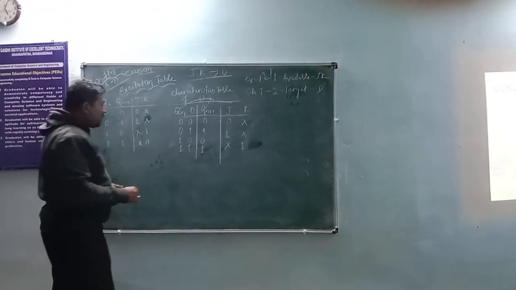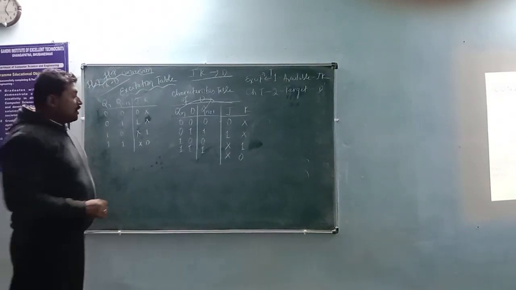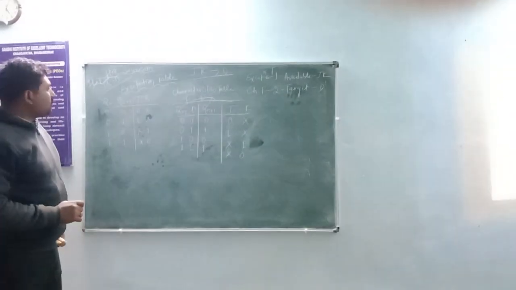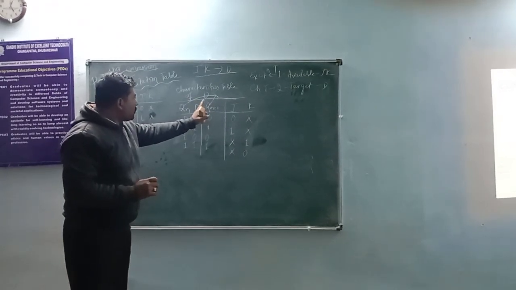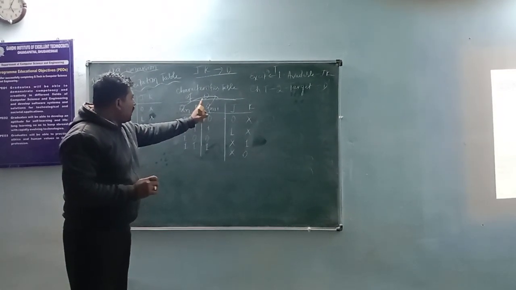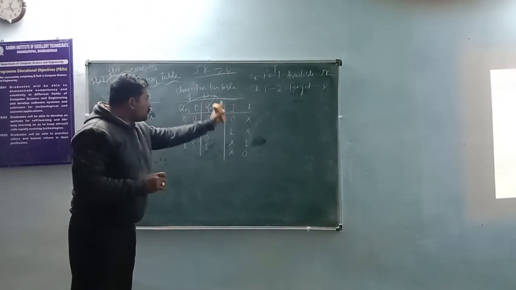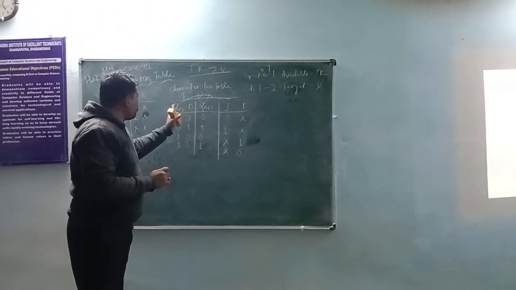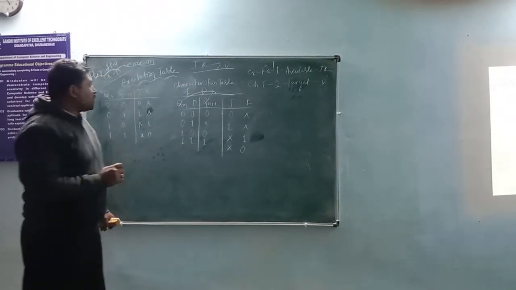So J has the value of don't care and K will take the value of 0. So up to this we can understand that a characteristic table for the targeted flip-flop has been written from the equation, and from that we are trying to find out the values of J and K in terms of Qn and Qn+1 that are present in the characteristic table of D.